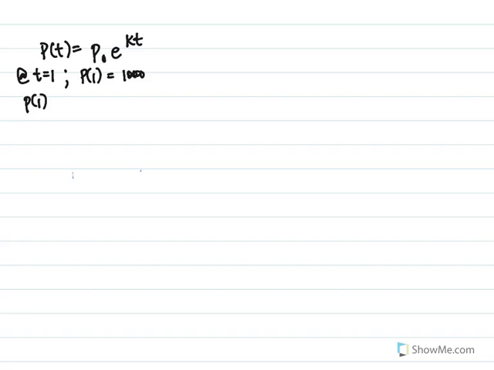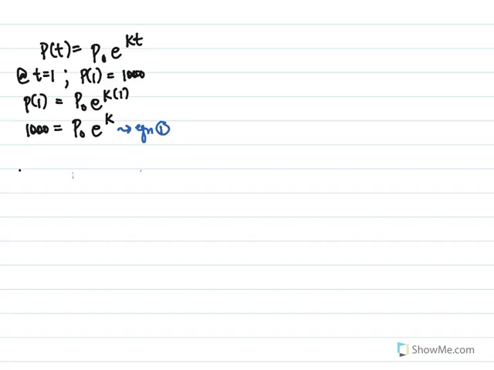So it means that P of 1 equals P naught e to the k times 1. So this should be 1,000 is equal to P naught e raised to k. So in this equation, both P sub 0 and k are missing. So we cannot do anything about this. Let's just denote this first as equation 1.